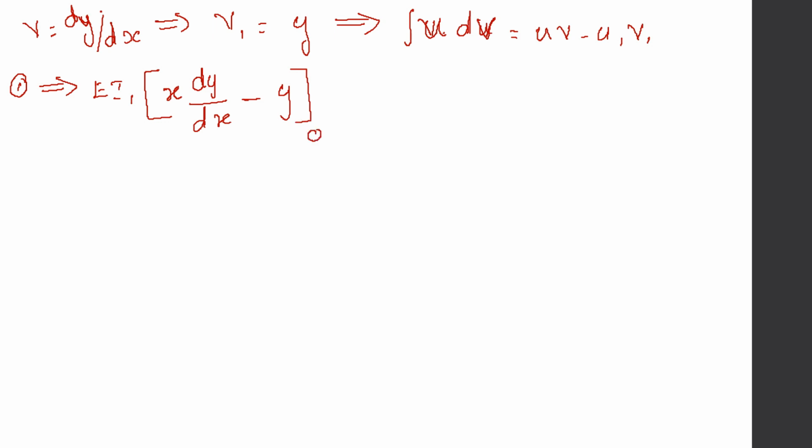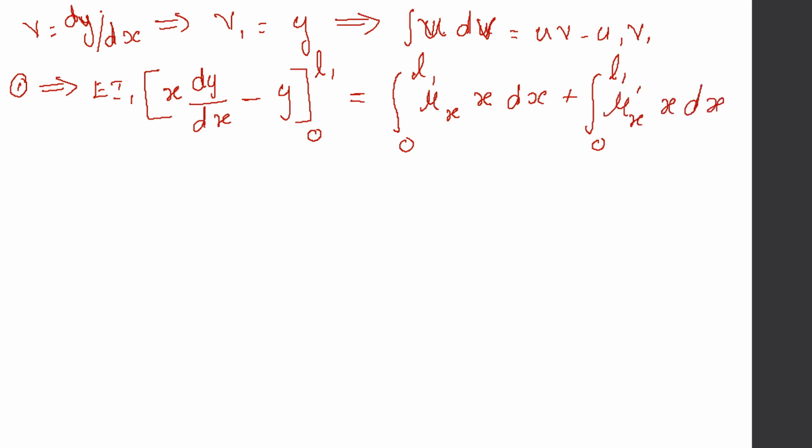The limits are from 0 to L1 is equal to, the right side we know, integration of 0 to L1 mu x into dx plus integration of 0 to L1 mu dash of x into dx.